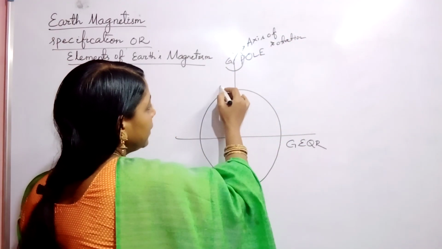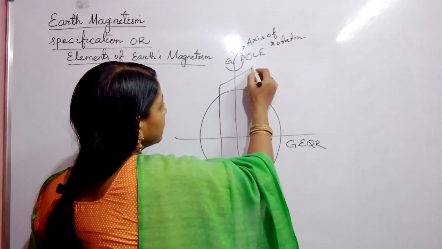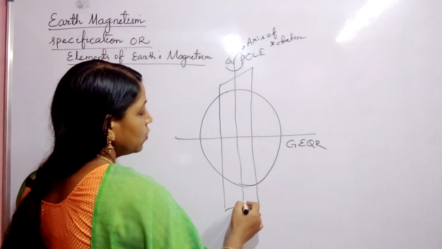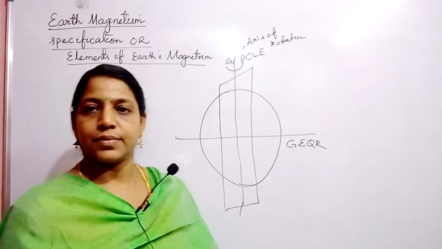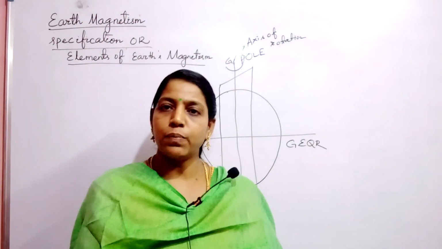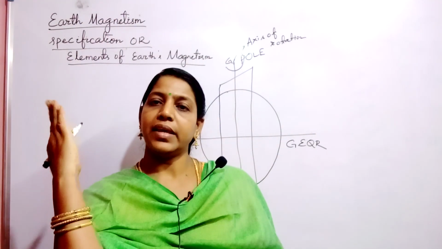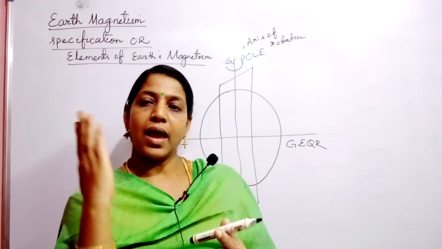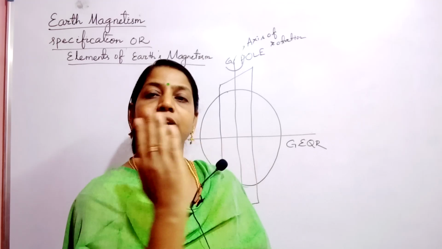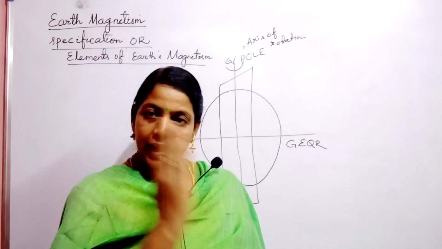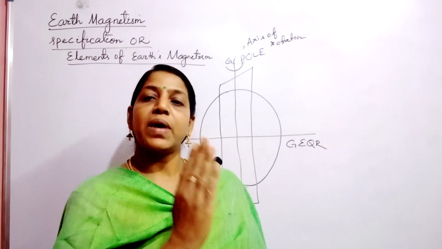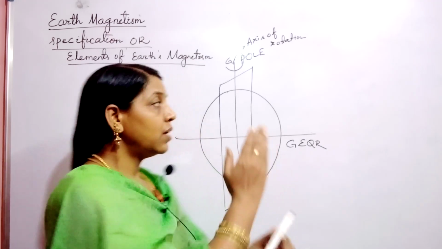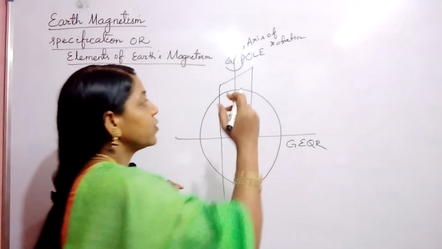Now the vertical plane which is passing through this axis, you imagine as a football, and imagine you are taking a flat surface and entering at the center, then that vertical plane which passes through the axis is called the meridian.